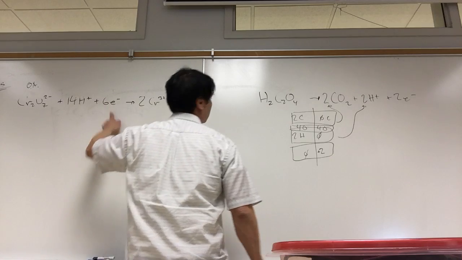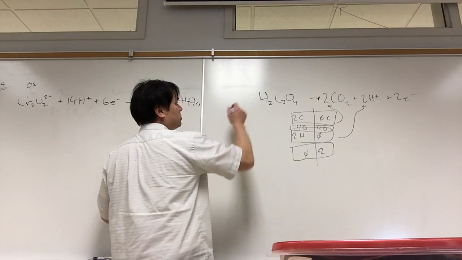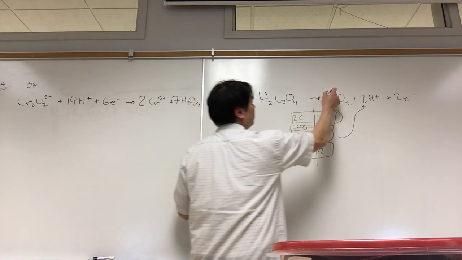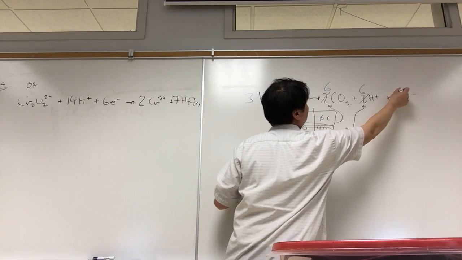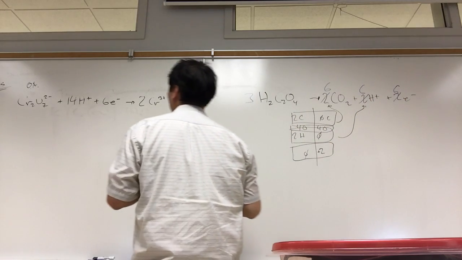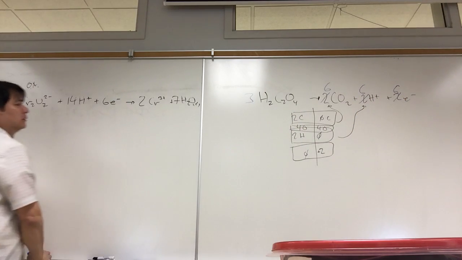So this is 6 electrons being consumed, that's 2 electrons being produced, so multiply this one by 3. That works.